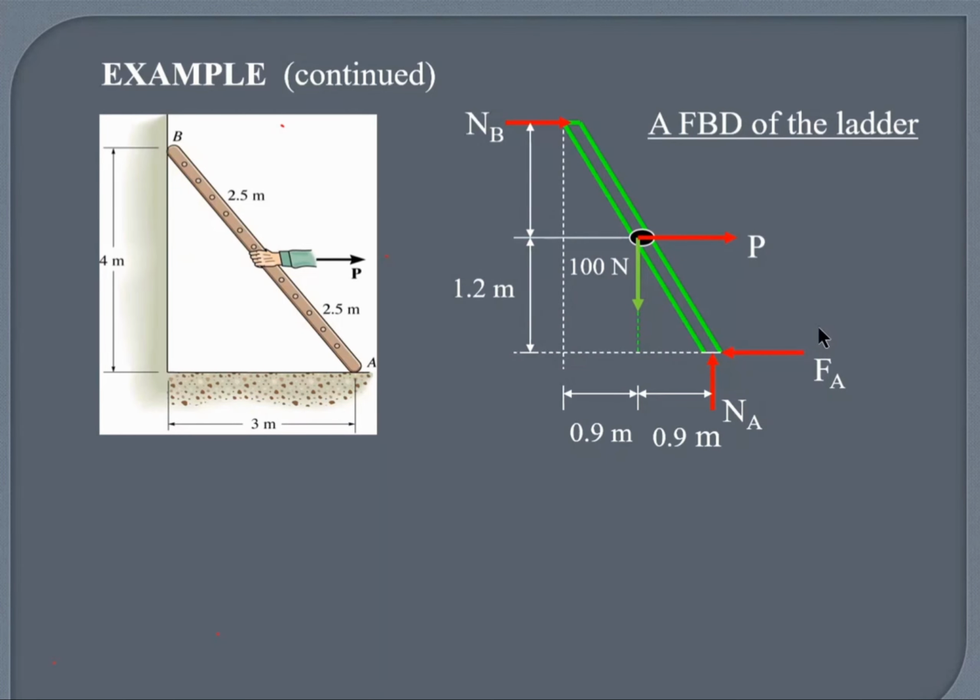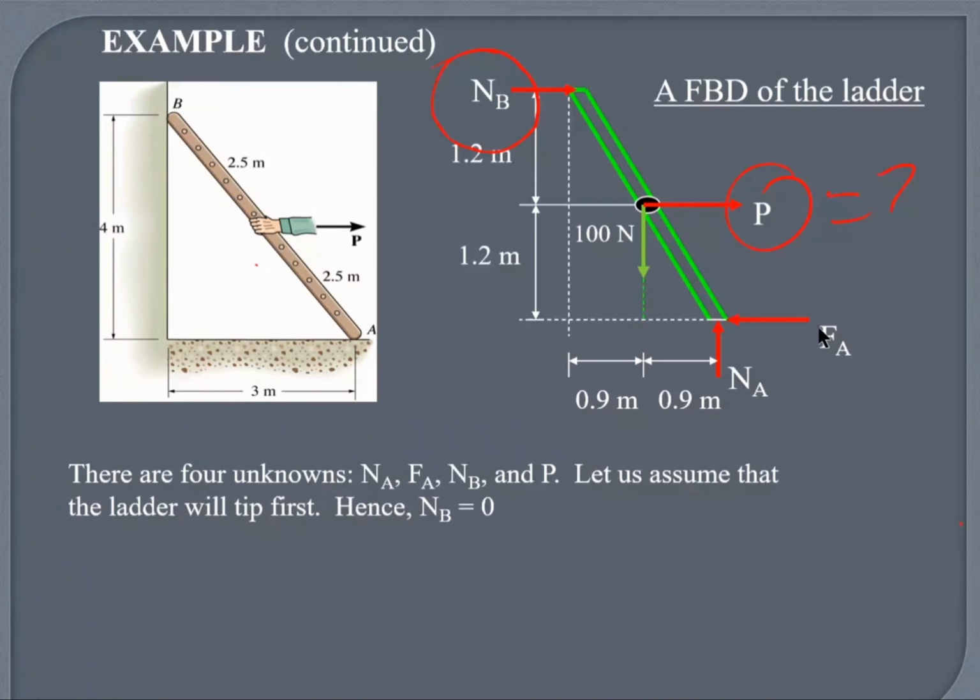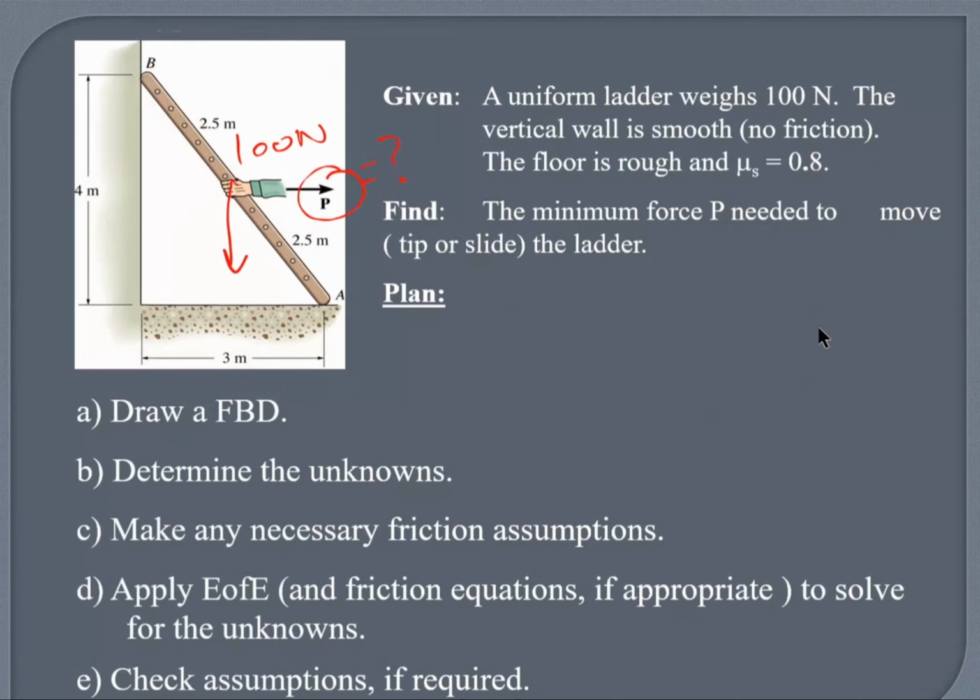Remember, look, why it says here vertical, smooth, no friction. There is a reason. You can start by solving, yes, but you will not be able to solve it. So I always say sometimes it's common sense. It's very clear. If it's going to tip, the value here is 0. And this kind of scenario will come in your problems. Just use your common sense. You will easily figure it out.